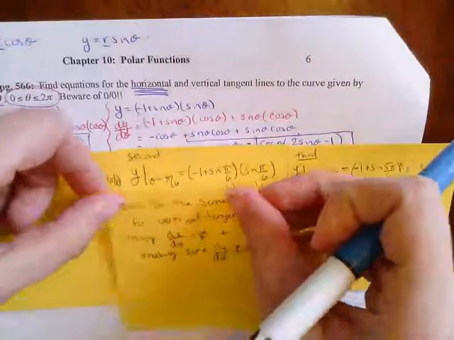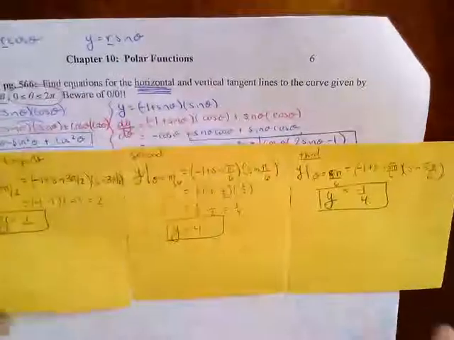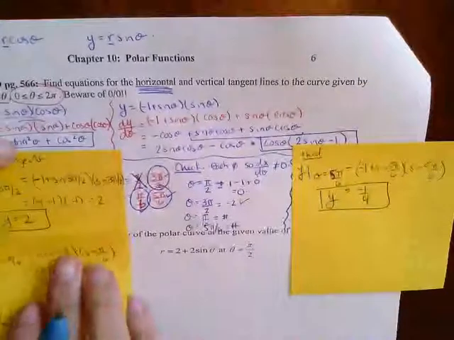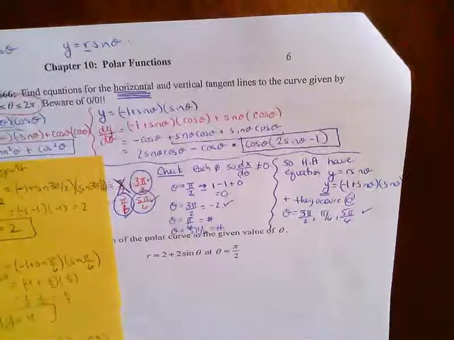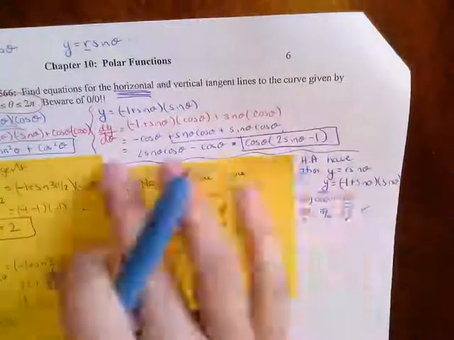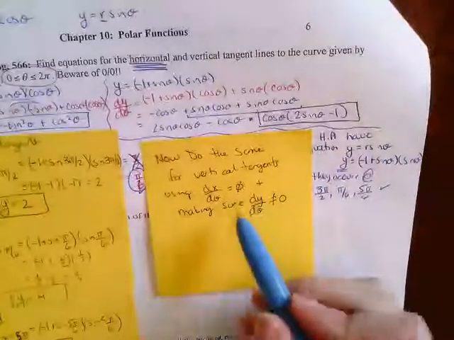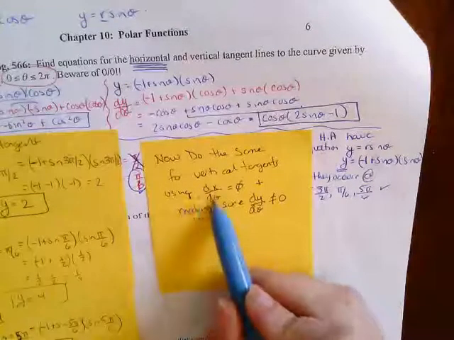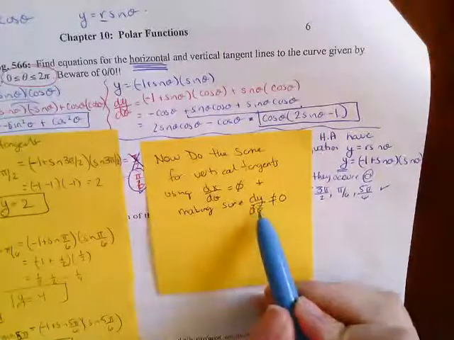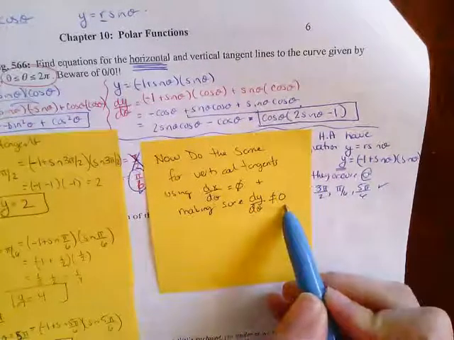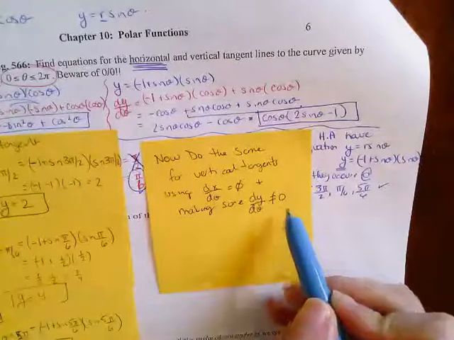And now, after you've gotten those 3, do the same for the vertical tangents using dx d theta equals 0 and making sure that dy d theta does not equal 0, and it's the same process.